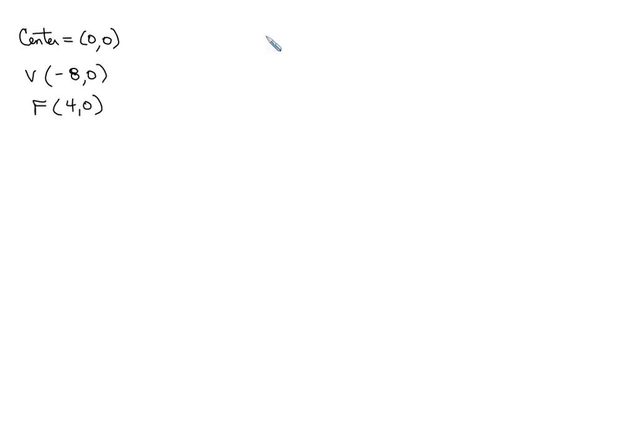So again, we're going to draw ourselves a little sketch of this to get an idea of what's going on. So negative 8, 0. Where will the other vertex be then, since this is the center? Positive 8, 0, right? We have a focus at 4, 0. So I'm going to label that with an F. And the other focus then is at negative 4, 0.